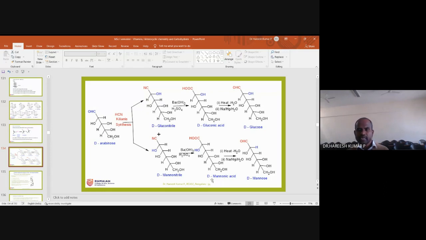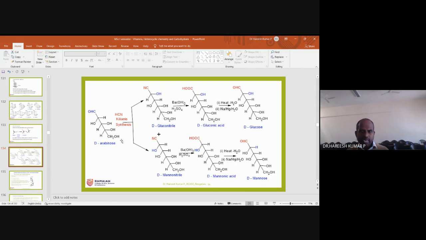Similarly, D-mannonic acid, on warming followed by reduction, converts the carboxylic acid into aldehyde, and the obtained compound is called D-mannose. So this complete step, starting with arabinose to glucose and mannose, is called Kiliani-Fischer synthesis.